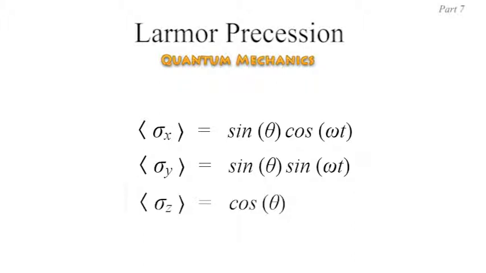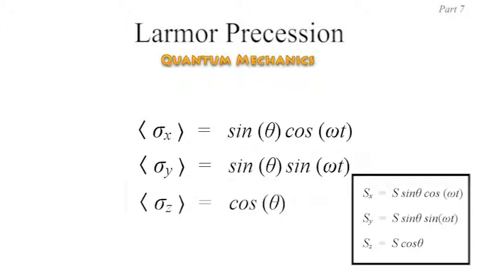So after what seems like fairly abstract mathematics, we've ended up with three formulae for the average values of the components of the spin, which are more or less the same as the spin components we got from our classical mechanics calculation. As was mentioned before we did the exercise, we've ended up with something that wholly supports classical mechanics with regard to Larmor precession.